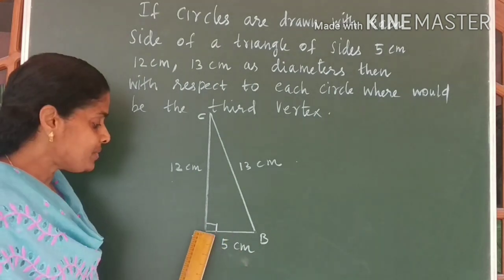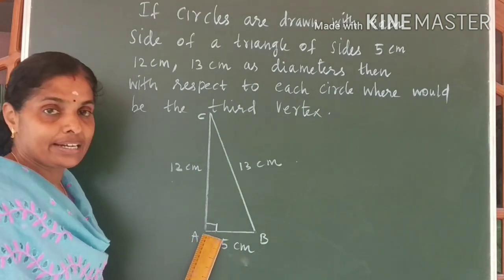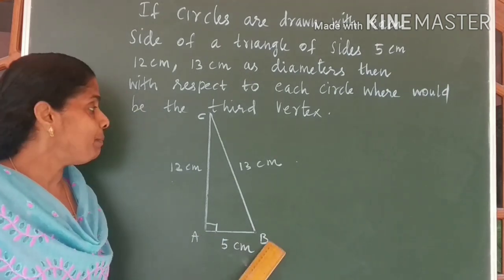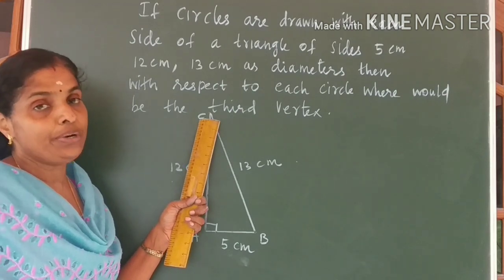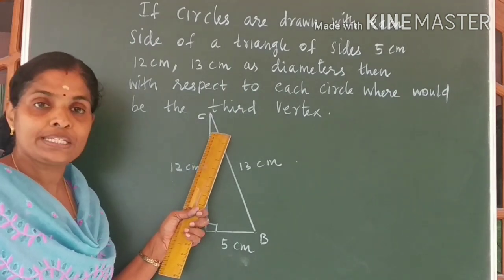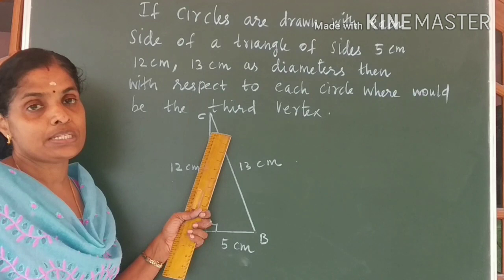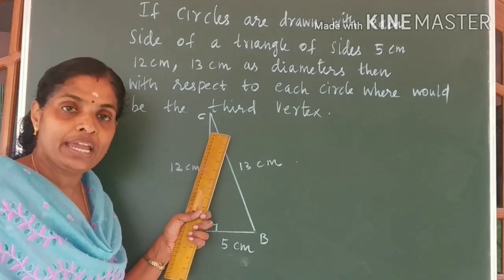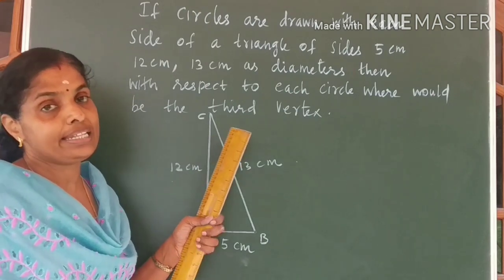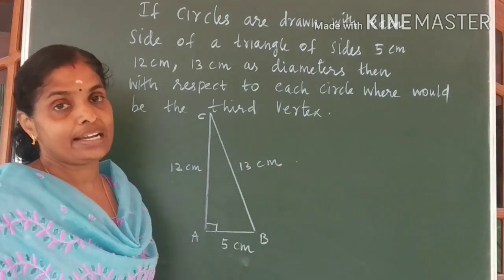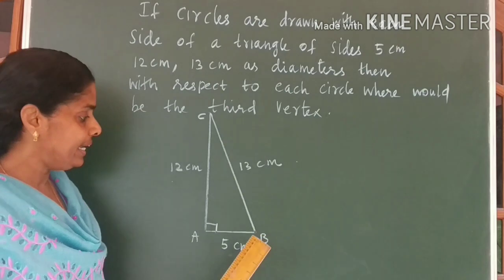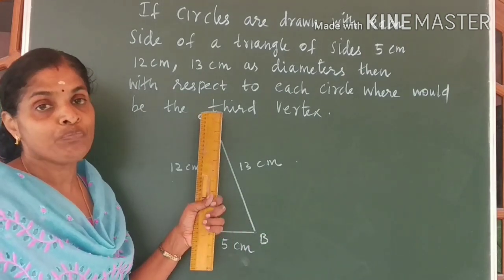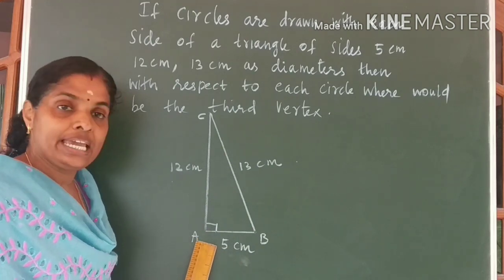Now let us draw a circle with AB as diameter. Then where will be the vertex C? No doubt it will be outside. Why is it outside? It is because angle C will be always an acute angle in the case of a right angled triangle. Similarly, if BC is taken as the diameter, where will be the point A?